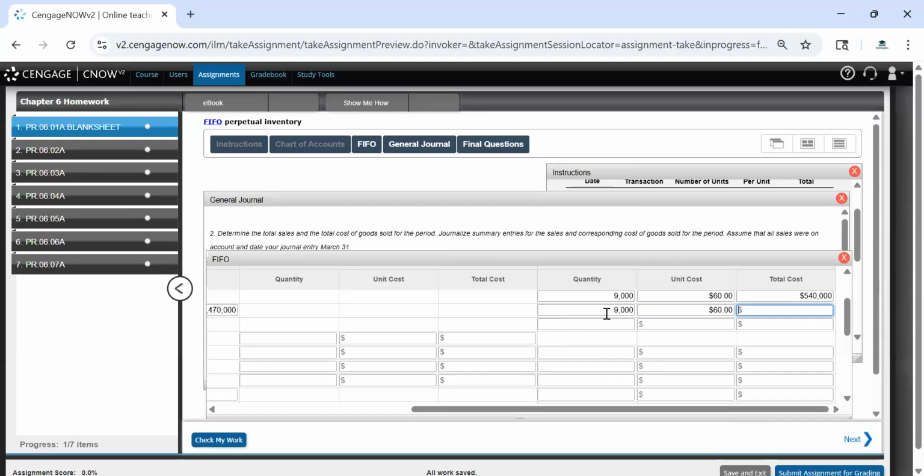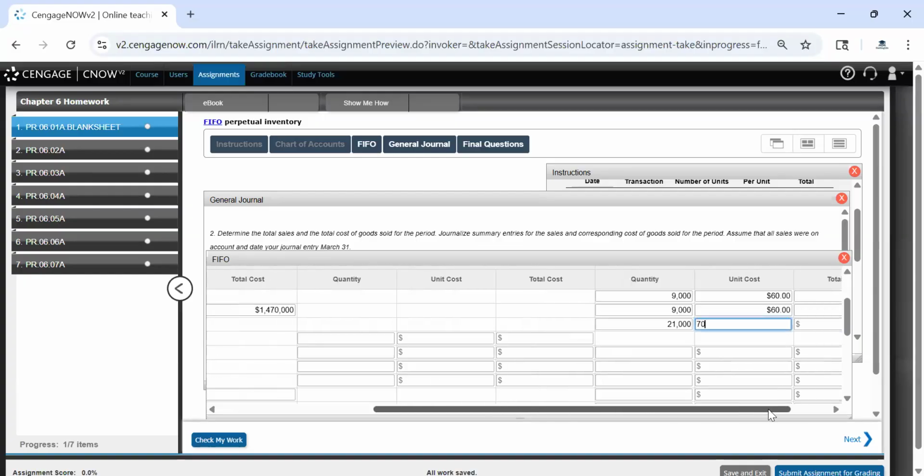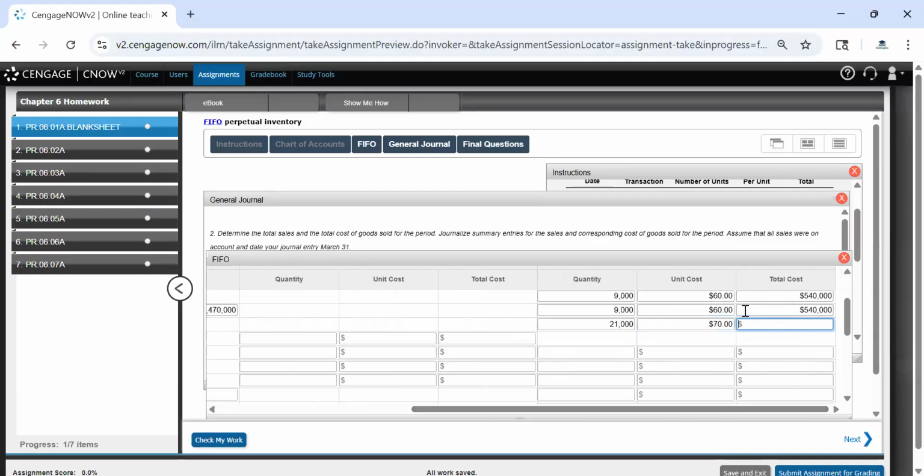And the cost there is $540,000. And then we're also going to include the inventory that was purchased next, which was the 21,000 units at $70 per unit, excuse me, for $70 a unit and 1,470,000 in cost.